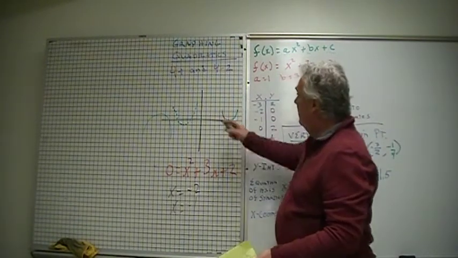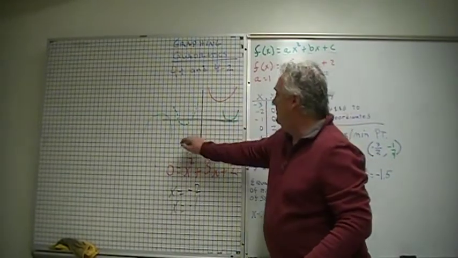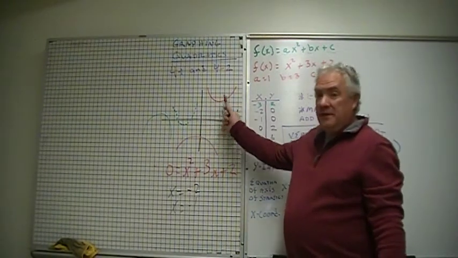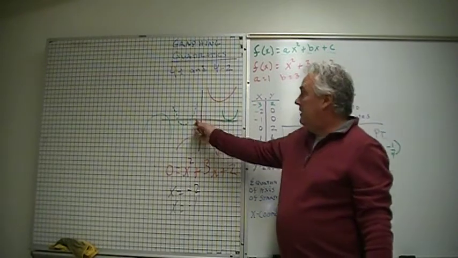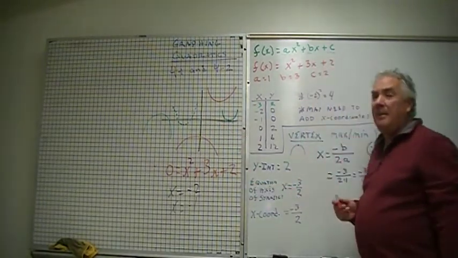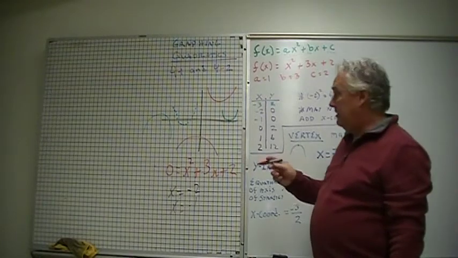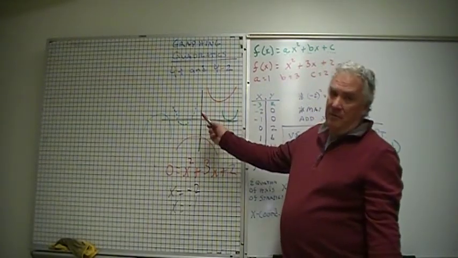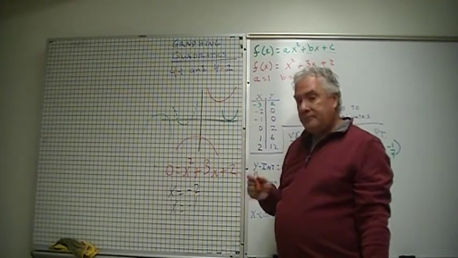The other option is if the graph looks like, I'm going to change colors here, maybe this or like this, and neither one of these red graphs cross the x-axis. When that happens, there are no real solutions, meaning you can't say the answer is -4 or something like that.